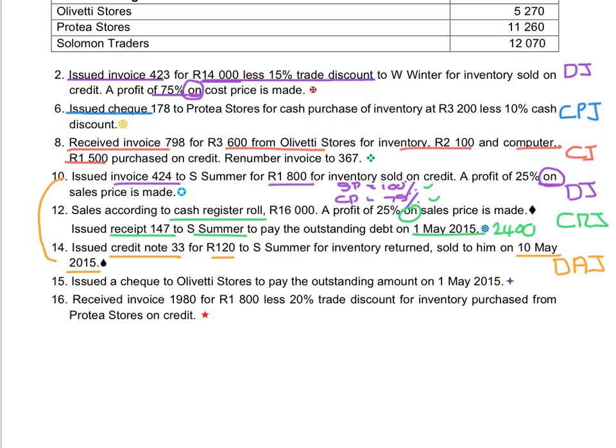The profit that was made when we sold the goods was 25% on sales price. So here again, we will use that same profit percentage, sales price 100, cost price 75. The one that we want is the cost price divided by the percentage sales that we know times 120 to determine the cost price of the goods that were returned.